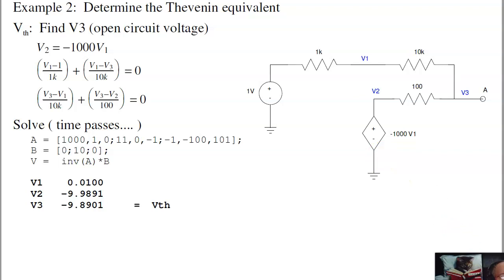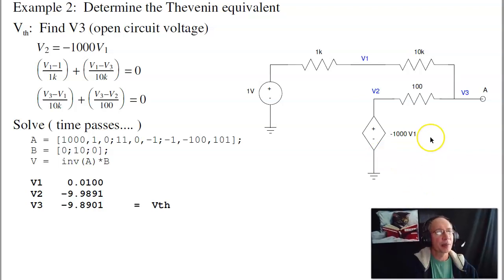Second example. This is actually an op-amp circuit, something we'll look at in a couple days. I've got a voltage-controlled voltage source, that's an op-amp, and a couple of resistors. Find the Thevenin equivalent at point A. Basically it's saying, looking at an op-amp at the output, what does the circuit look like? To do that, I need to find the open circuit voltage and the Thevenin resistance.